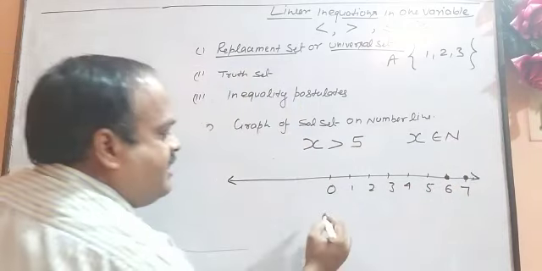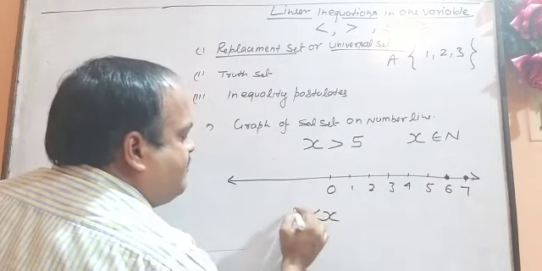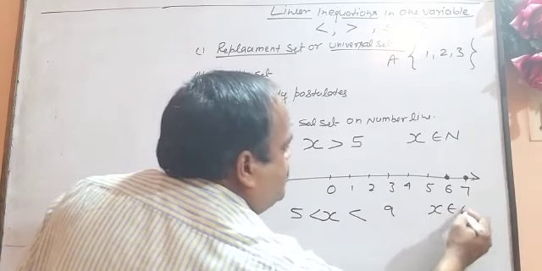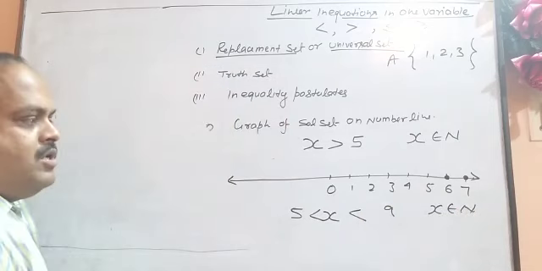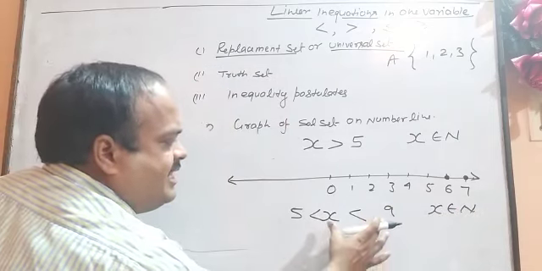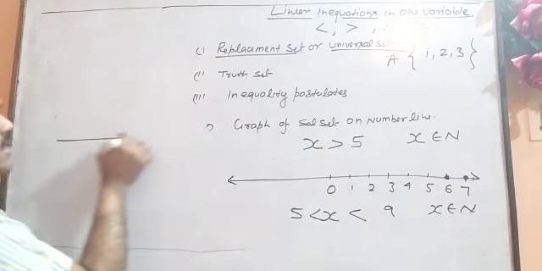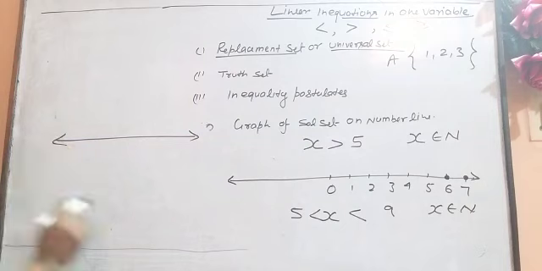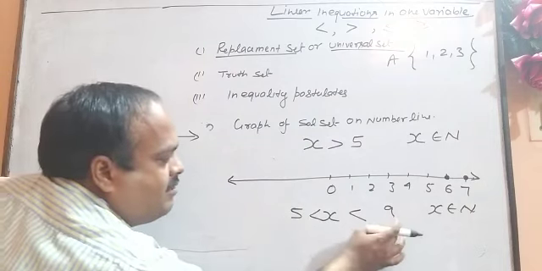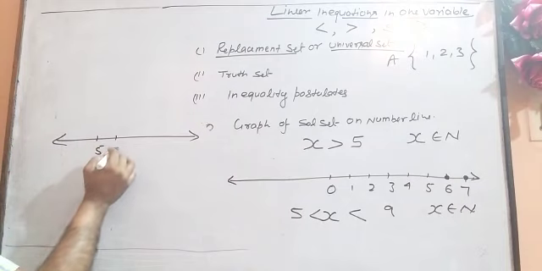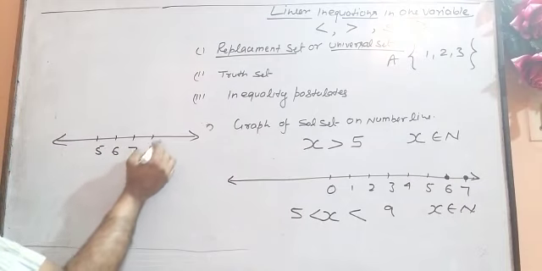Next example. x is more than 5, less than 9, x belongs to natural numbers. To show this inequation on the number line, first we draw the number line, then we look at the boundaries 5 and 9. So we need to mark 5, 6, 7, 8, 9.